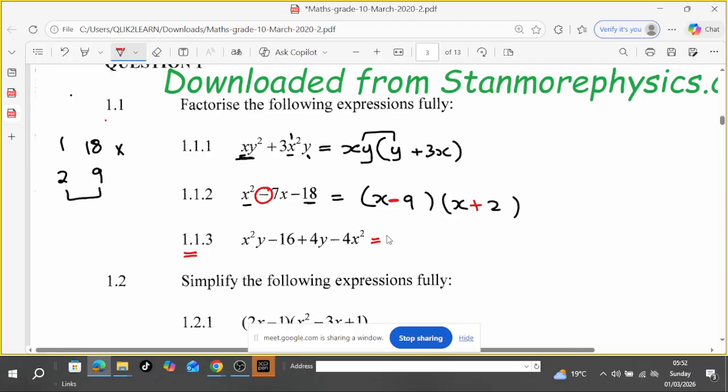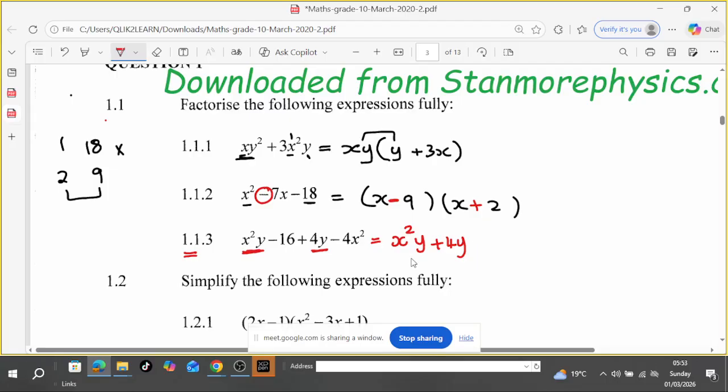So on this 1.1.3, let's see what we can do from this one. Remember, I said that we try to group, right? Can you see that if I have 4y here and I have the y again on that term, I can group these two. I can write this as x squared y, we add 4y, and then we're going to say what this equals to.